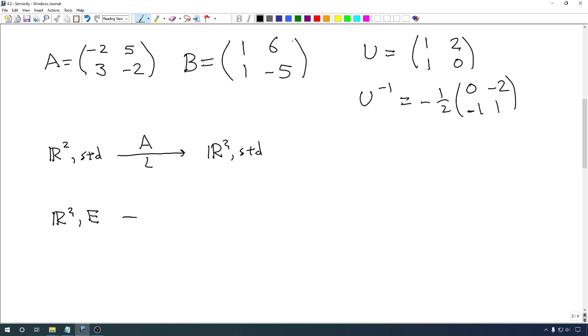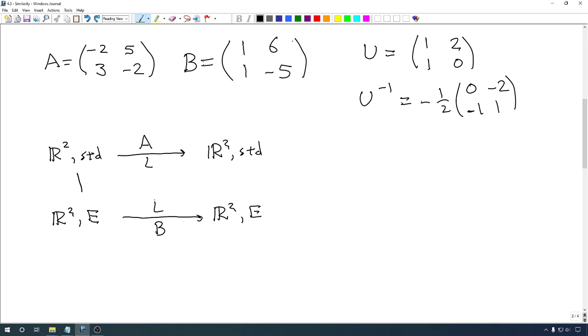We can do the same thing in our E basis. We can go from R2 with basis E back to R2 with the same basis E. We're still working with the same L, but this time, because we're working in a different basis, it's represented by multiplying by the matrix B. Now, what does the transition matrix do? The transition matrix takes coordinates in E and returns things in the standard basis.